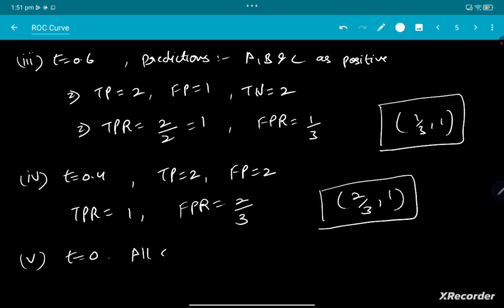So now we have true positives 2 and false positives 3, and therefore our TPR will be 1 and FPR will also be 1.